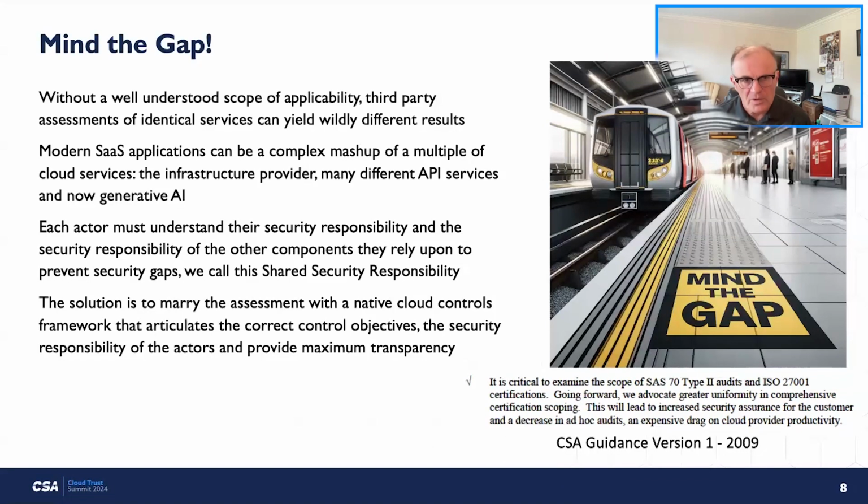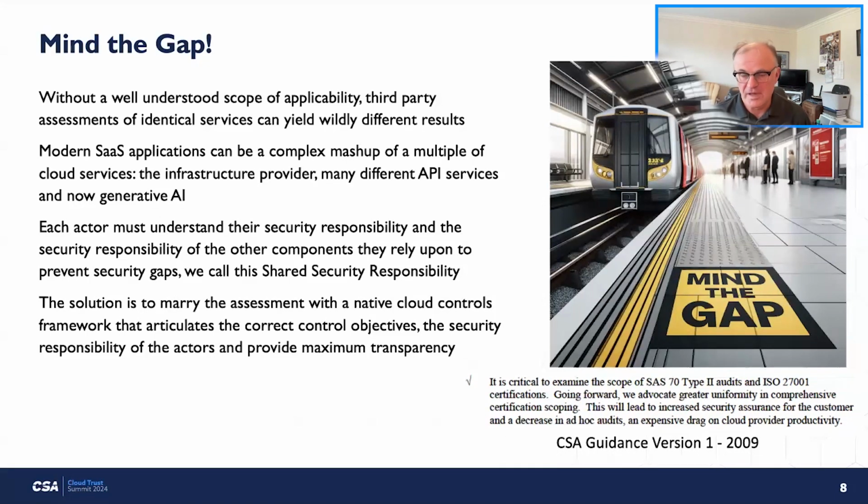It's also very important to understand that the modern SaaS applications are complex in that you have an infrastructure provider, you may have a lot of other services that are mashed up into a single business application, a single cloud SaaS application that's delivered. So it can be a lot of players, a lot of vendors, a lot of different technologies that make their way into it.